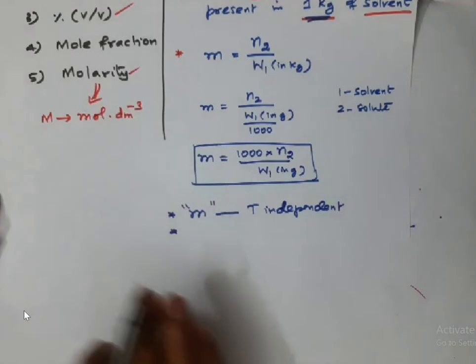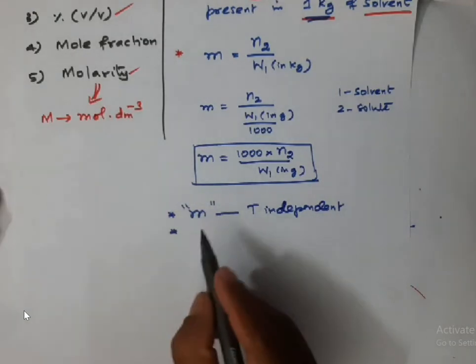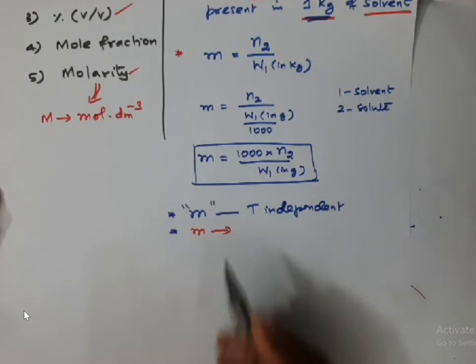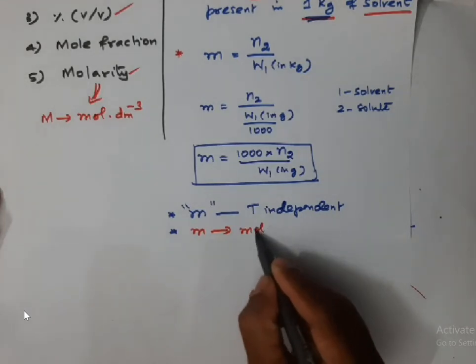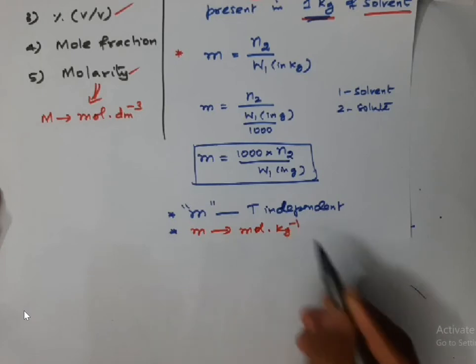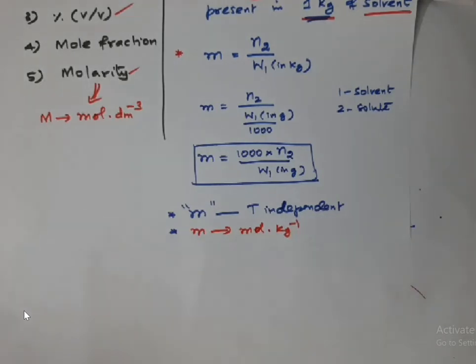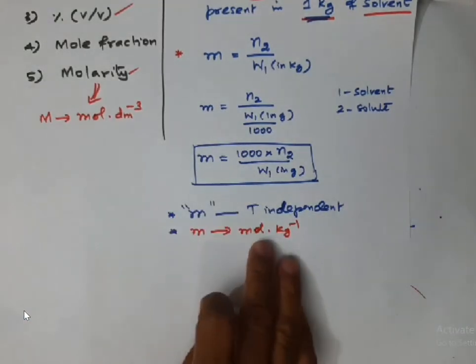The unit of molality is mole per kg, because here we are using mass of solvent. So remember, this is the unit for molarity and this is the unit for molality.